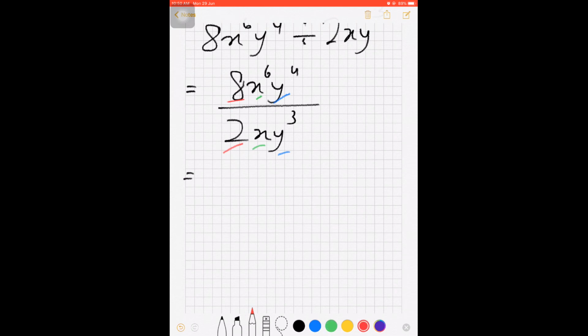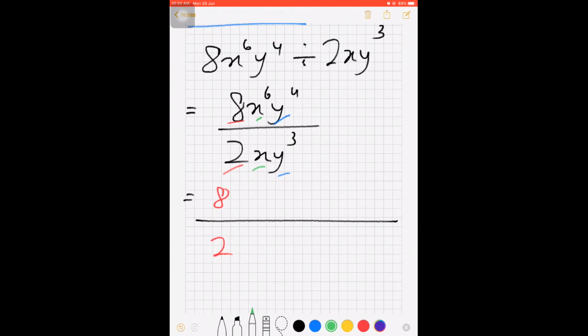Okay, so just tulis 8, 2, the fraction. Okay, ni x kuasa 6, so it's x 6 times. 1, 2, 1, 2, 3, 4, 5, 6.